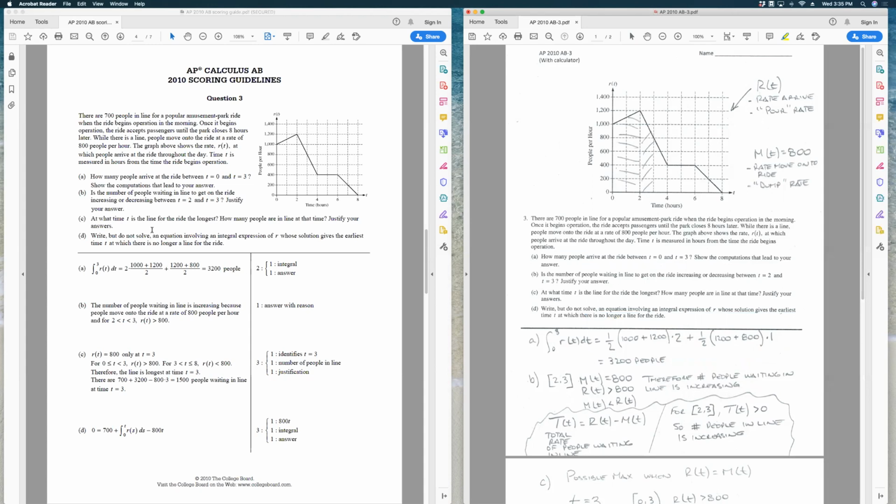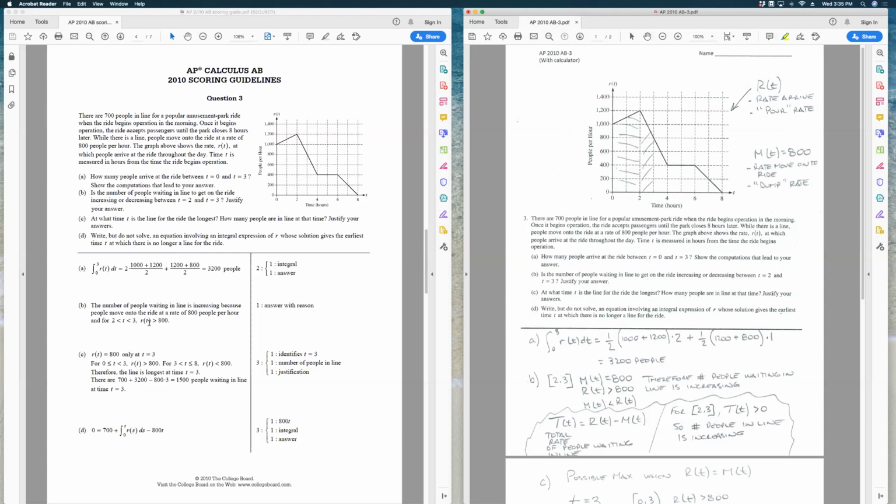Part B, is the number of people waiting in line to get to the ride increasing or decreasing between times 2 and 3, and justify your answer. Well, their description here on the scoring guide I don't think does a really great job of what you could be doing. The number of people waiting in line is increasing because the people moving onto the ride at a rate of 800 people per hour, that's M of t, my M of t.